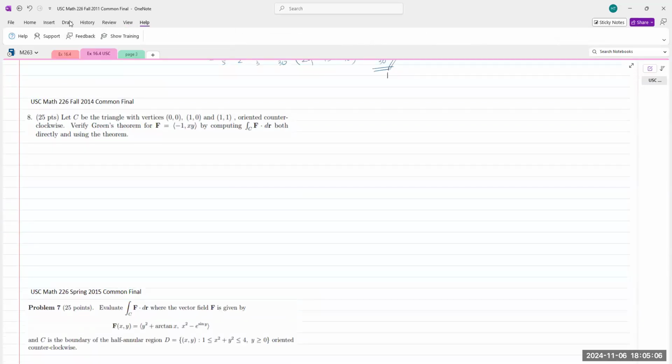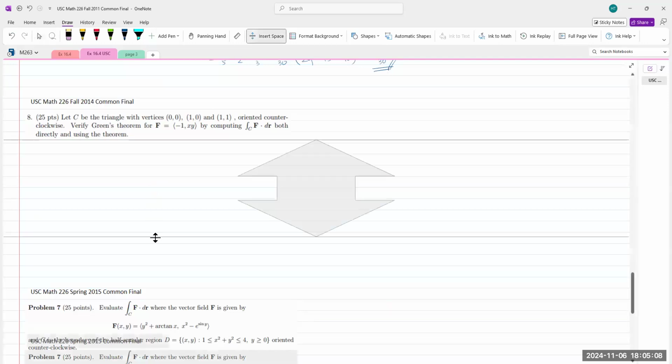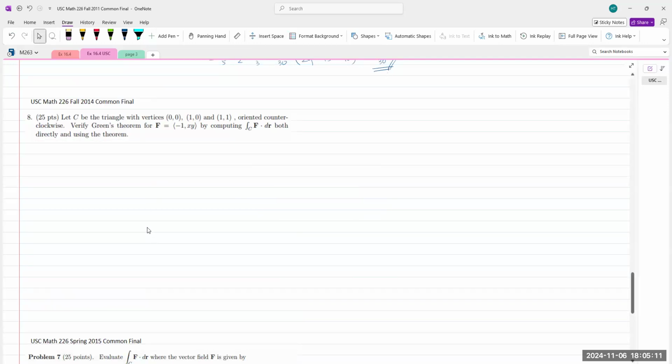The next one is from fall 14. Let C be the triangle with vertices (0, 0), (1, 0), (1, 1). We saw this question earlier somewhere. Oriented counterclockwise, verify Green's theorem for the vector field F = (-1, xy) by computing that integral directly and using Green's theorem.